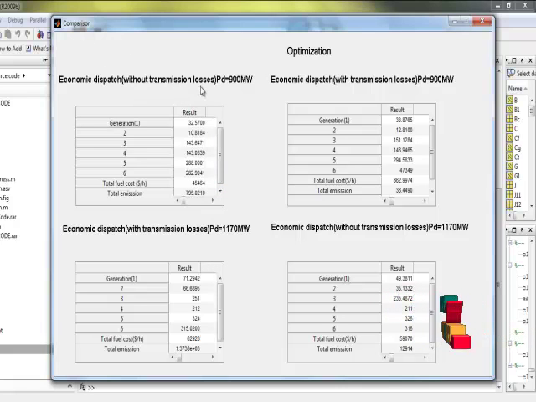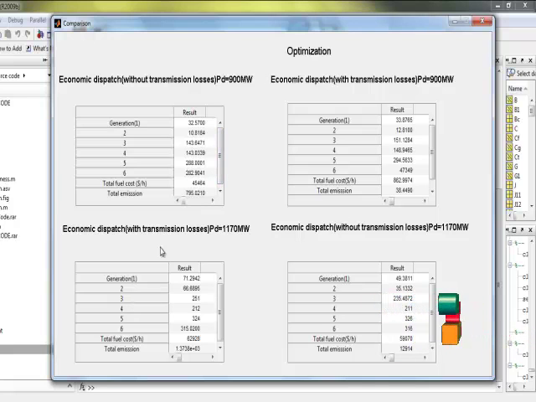Here, without transmission loss, with PD equal to 900 megawatt, we are calculating each generation and the total fuel cost, finally the total emission for all the process. Here with transmission losses for PD equal to 900 megawatt, also we are calculating generations and total fuel cost, finally total emission.